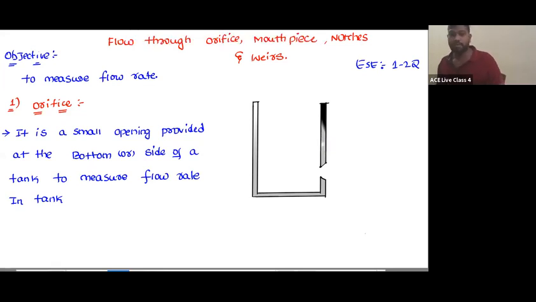Okay. So let's take it as a tank over here, and whatever the level of water in the tank is, let's take this is the level of water in the tank. Okay. Now this opening is known as an orifice.